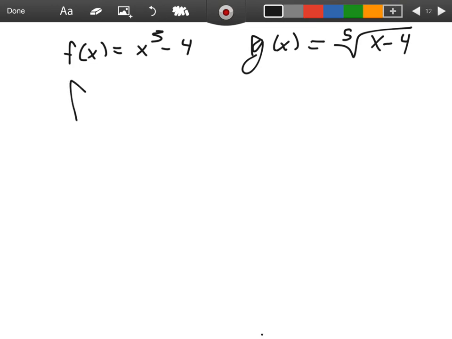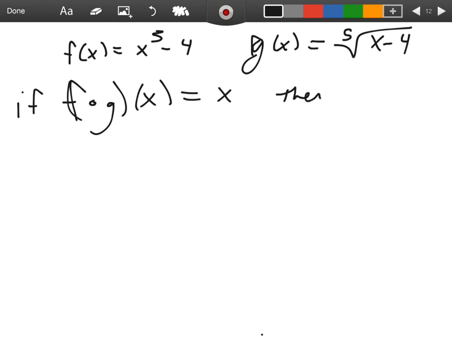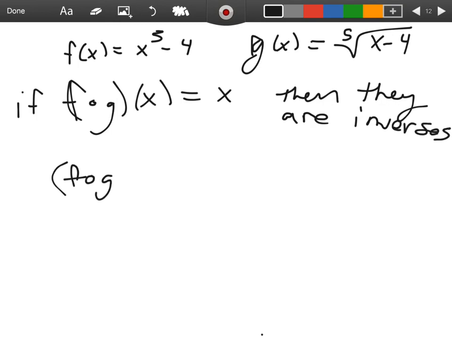Well, if f composed of g of x equals x, then they are inverses. Otherwise, they're not.